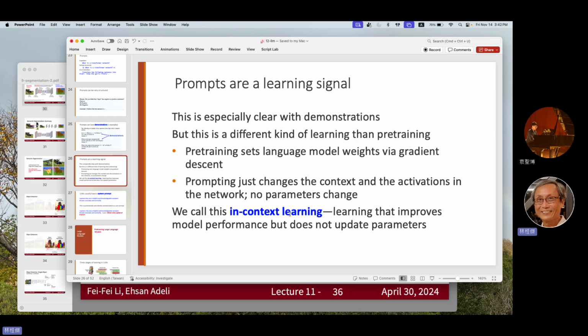Which is just like when you use Python, a lot of the time we use Python libraries. When you use a Python library, do you change the Python language itself? No, right? Because the library is something outside of Python.